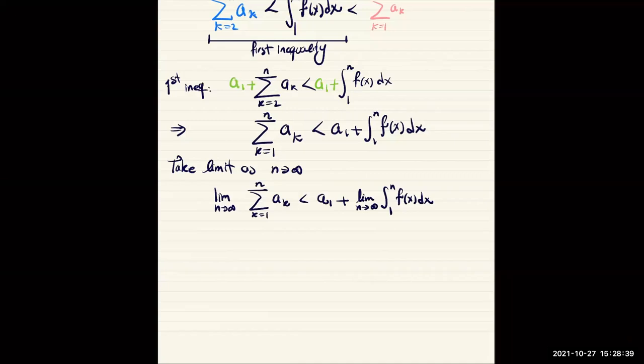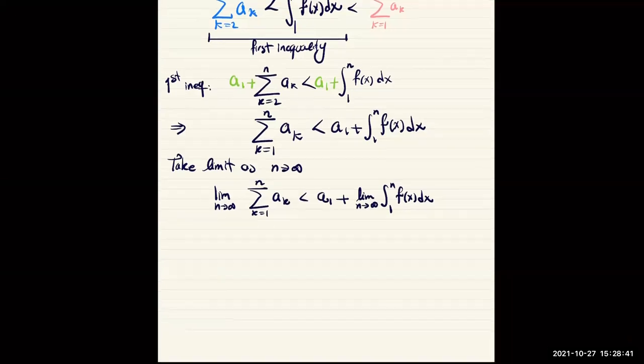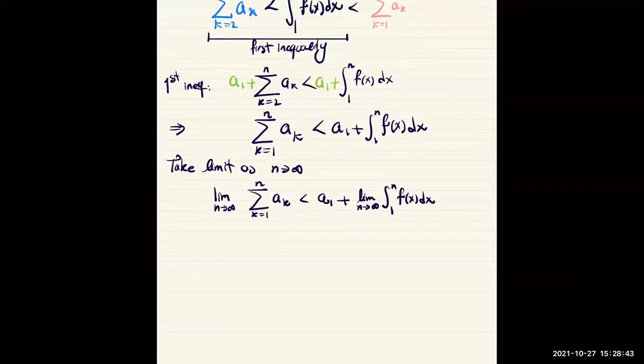So guys, now, if you notice, on the left we have the definition of the series. A series is the limit of a partial sum. This is our partial sum, the partial sum of the series, and you're taking the limit of that.